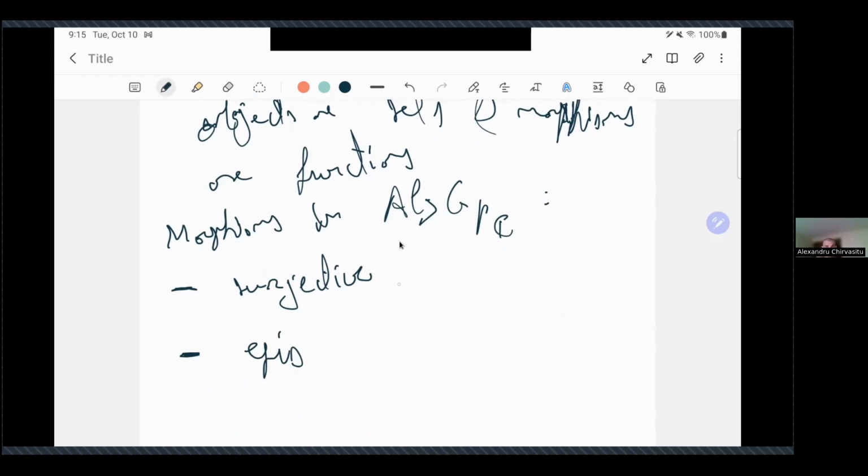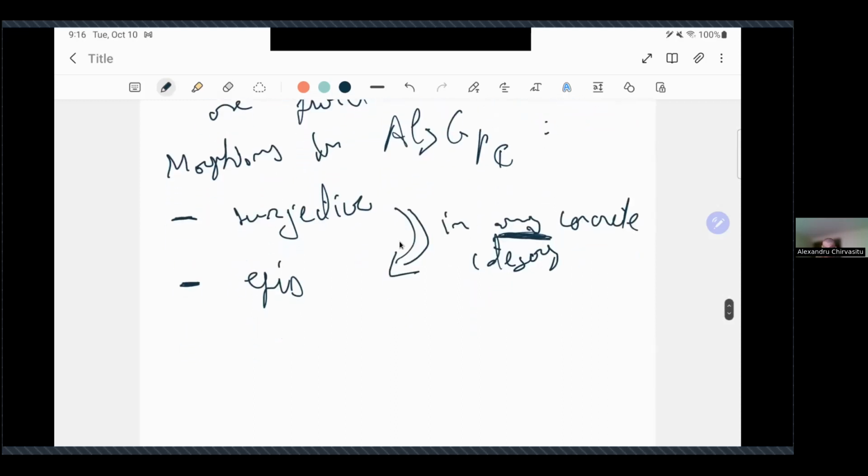You always have this implication in concrete categories, sort of obviously, in any concrete category. And depending on your category, the converse may or may not be interesting.